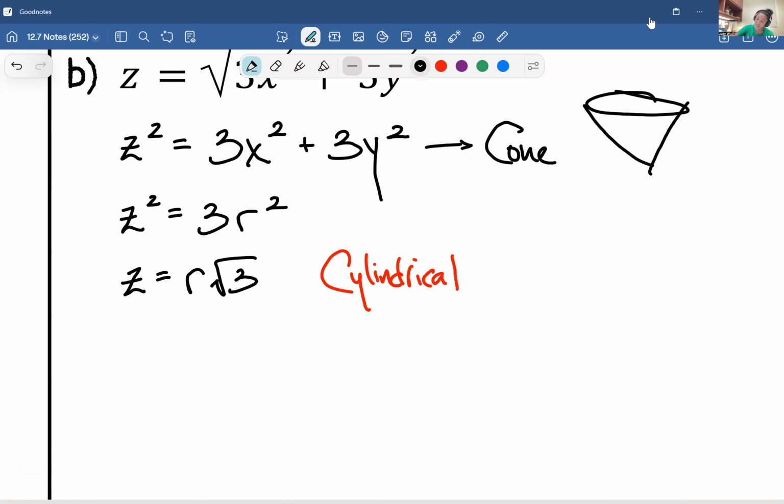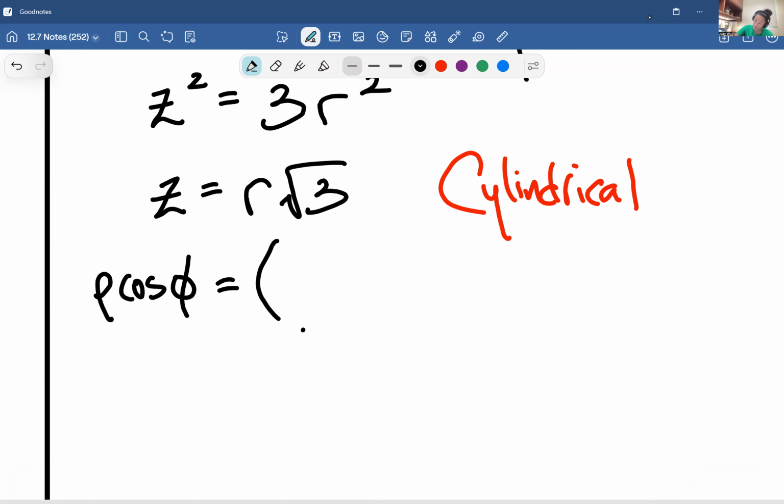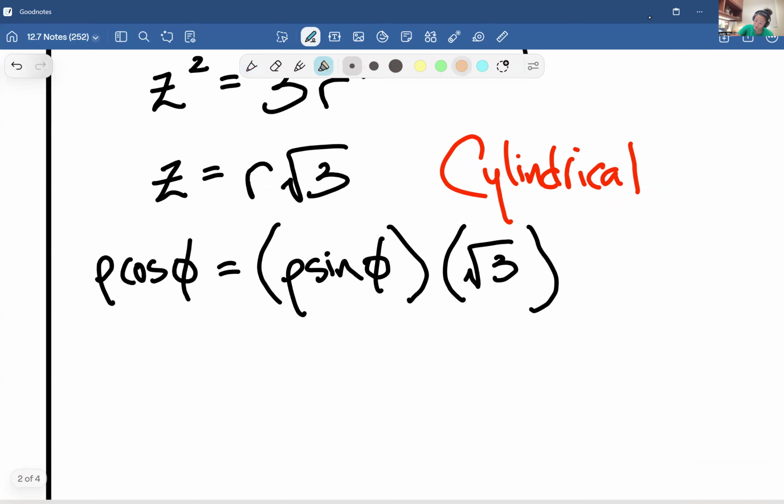And from here, let's continue on, make some substitutions and get into spherical land. So I know that z is the same as rho cosine phi, and I know that r is the same as rho sine phi, and I have this root 3 hanging out on the back. So the z is the rho cosine and the r is the rho sine, and then that root 3 is just the root 3.